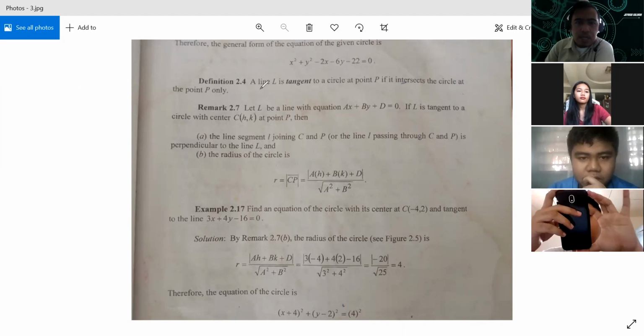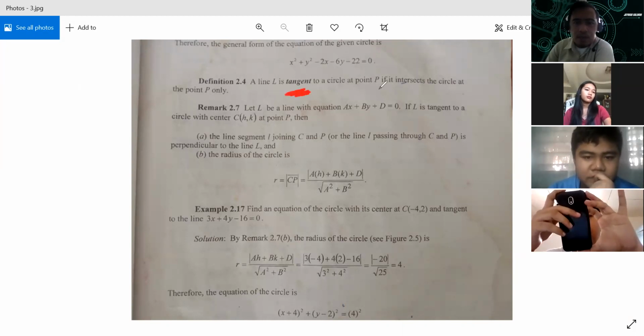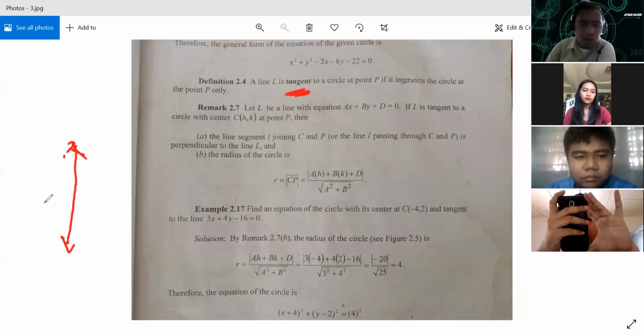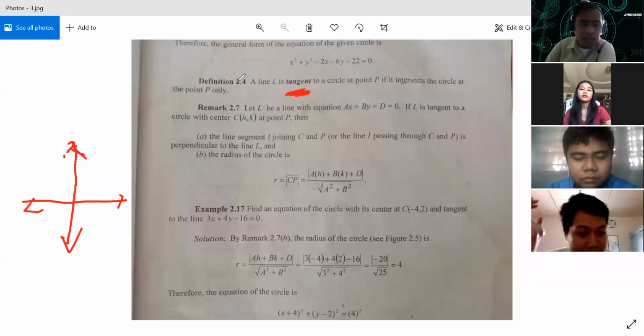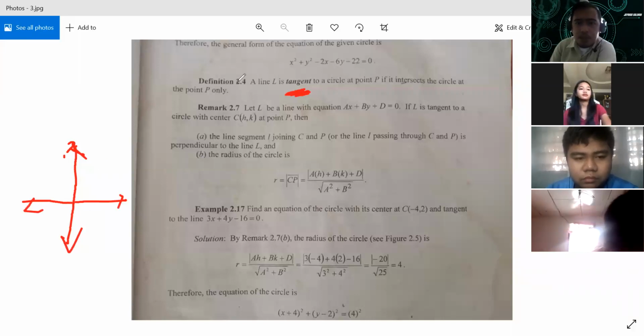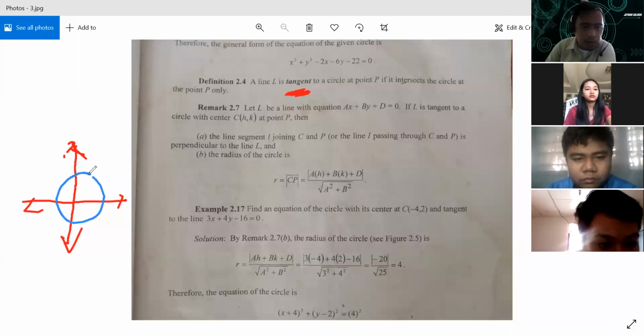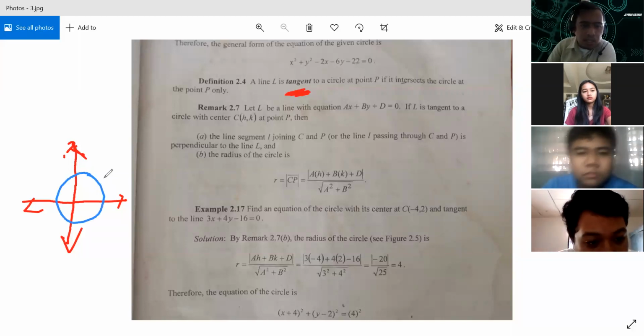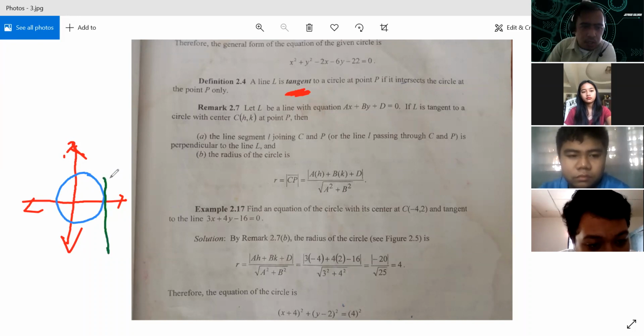So the line L is tangent to a circle at point P if it intersects your circle at point P only. So something like this. If this is your Cartesian coordinate plane, and say for example, your circle is somewhere here, a line called tangent is tangent to that circle if it will cross your circle at one point only.